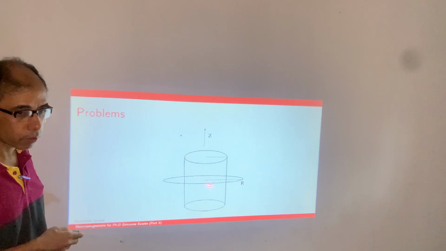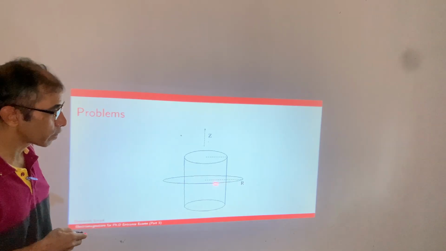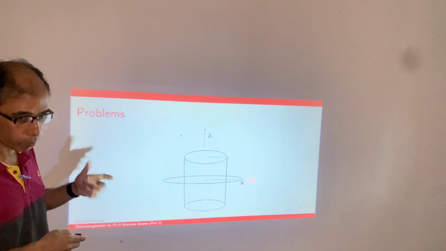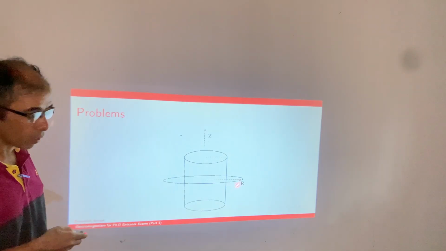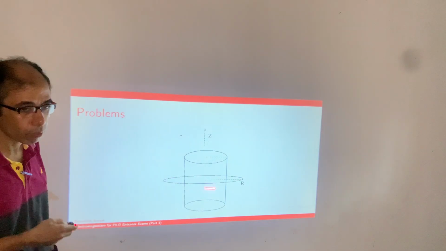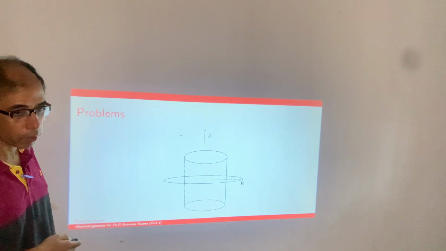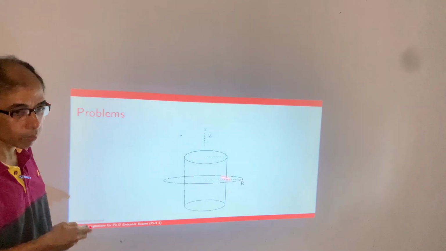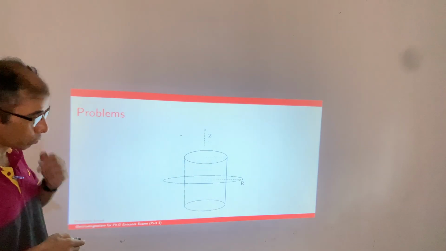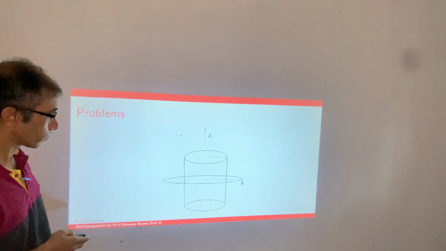Since the loop is charged, what will happen? This electric field will rotate the loop, and as a result it will acquire an angular momentum. So what they have asked is to find the angular momentum of the loop at any particular time.